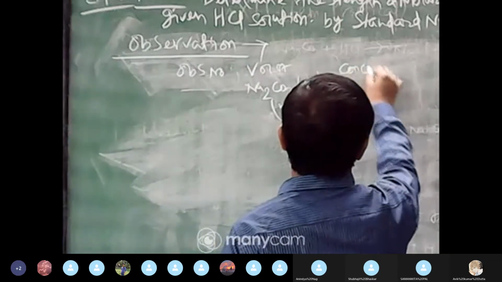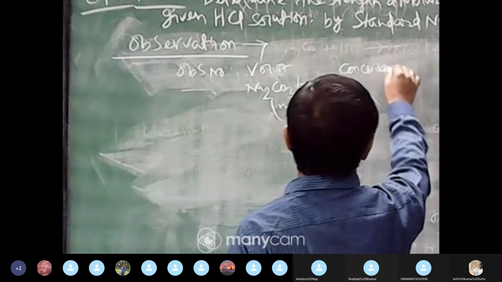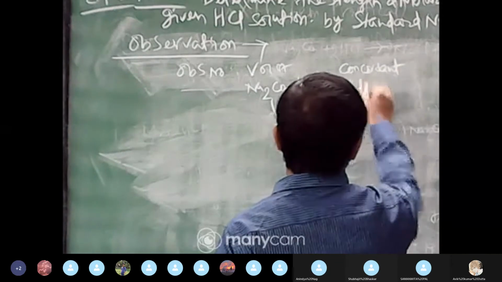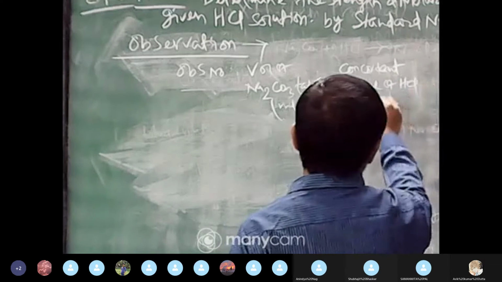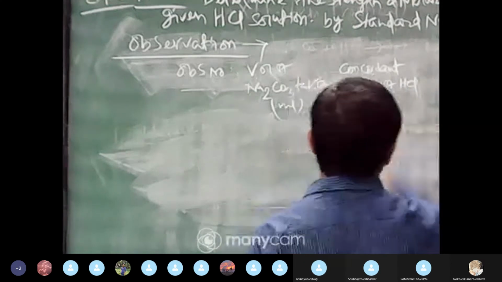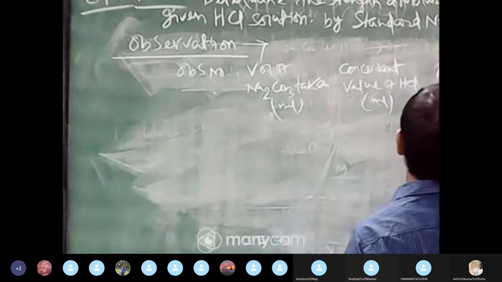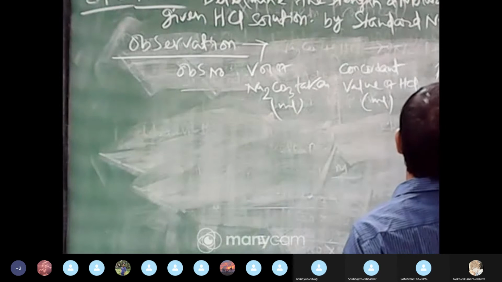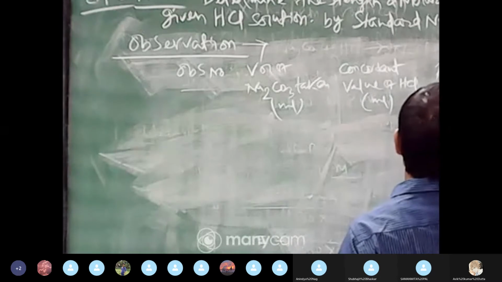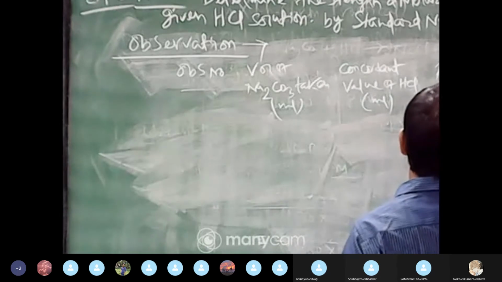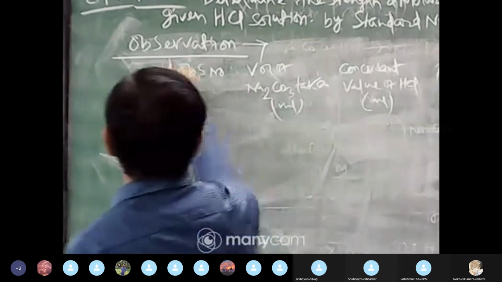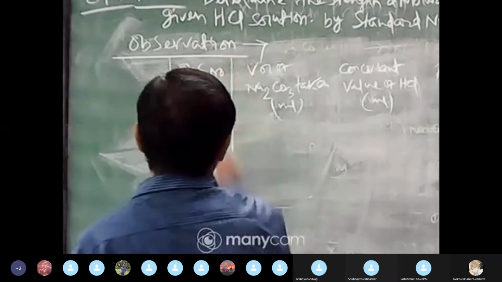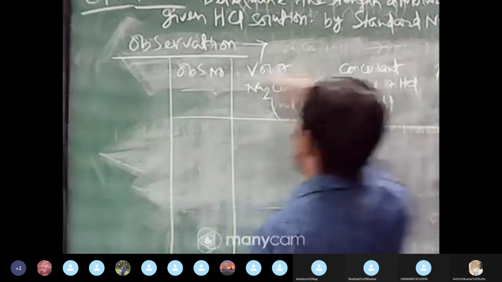Concordant result, concordant value of HCl in ml, average value of HCl consumed. Okay, so you have to write this in this tabular format.